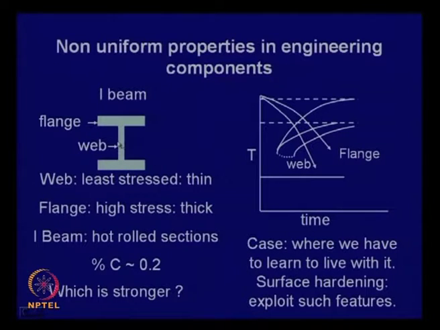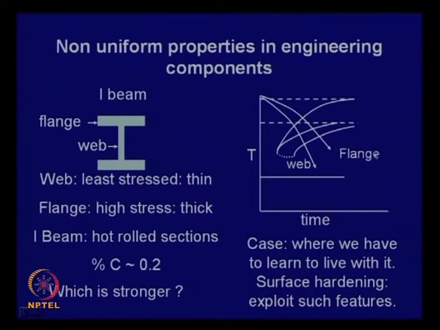Now, since the section size of the web is small, when it is air cooled, you may find that the material in the flange will cool relatively slower compared to the web. Therefore, you expect that the web will have a finer pearlitic structure and be stronger, whereas the flange will cool slower, will have more pro-eutectoid ferrite, and will have a relatively coarse pearlitic structure.